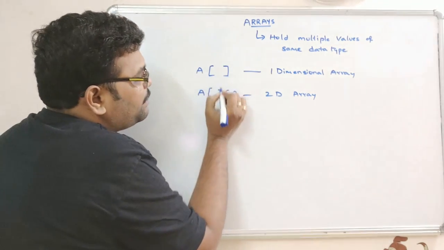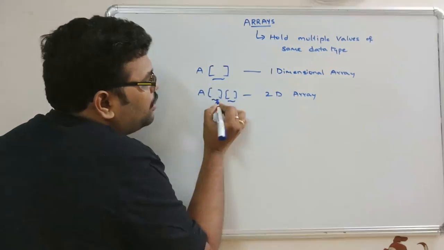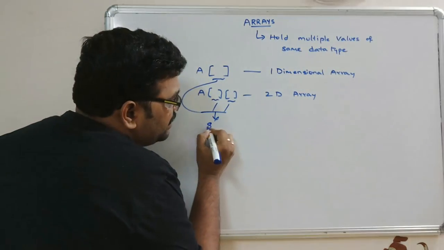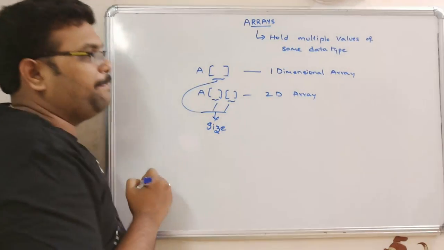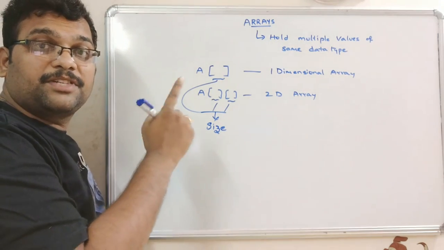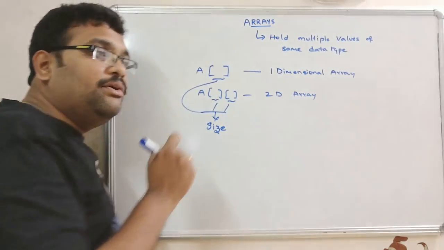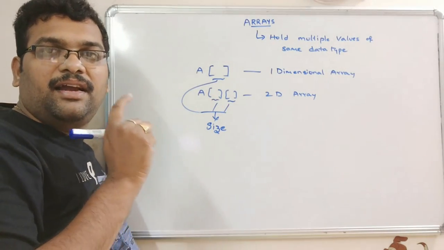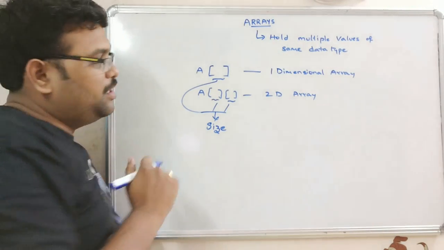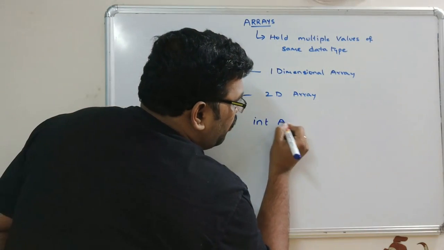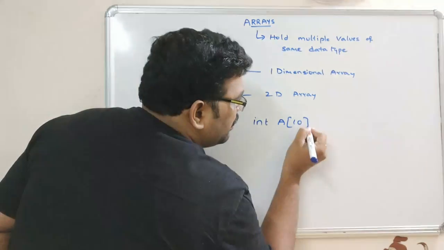And in between these subscripts we have to mention the size of the array. So we have to give a maximum size at the declaration part itself. So let it be int a of 10.